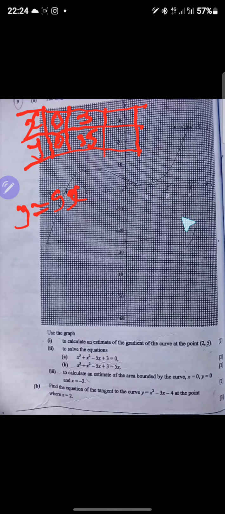Then get a negative number. You can say when x is equals to negative 2, 5 times negative 2 is negative 10. So when x is equals to negative 2, y is negative 10.